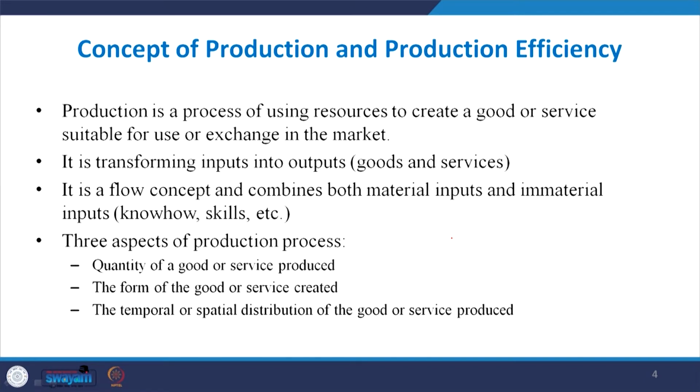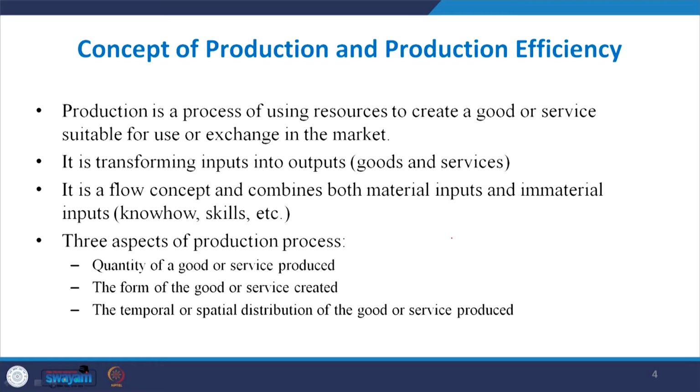Concept of production and production efficiency. What do we mean by production? Production is a process of using resources to create a good or service suitable for use or exchange in the market. So, production means transforming inputs into outputs.